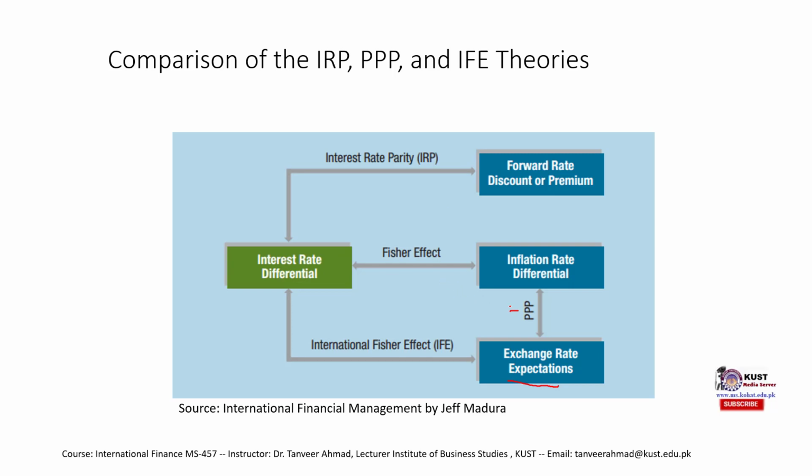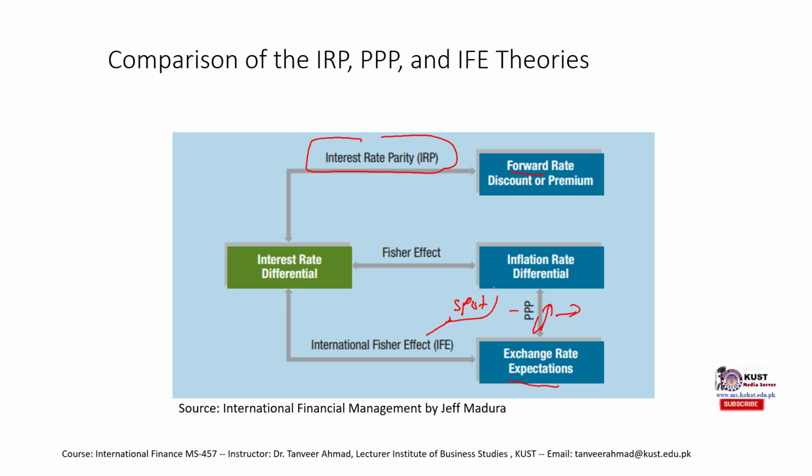Similarly, the purchasing power parity explains the relationship between inflation and the exchange rate, right? And lastly, there is interest rate parity theory, which explains the relationship between interest and forward rate. So these two, purchasing power parity and the international Fisher effect, are related to spot rates.